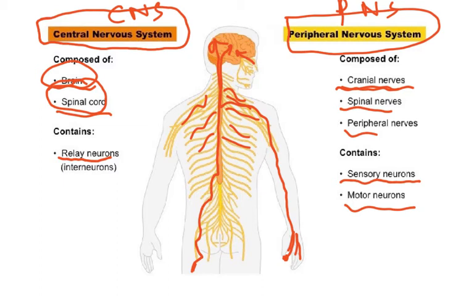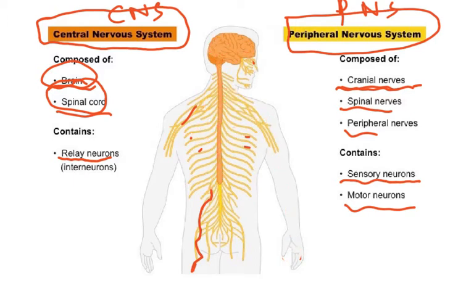So please understand the peripheral nervous system. The central nervous system is just the brain and spinal cord. The peripheral nervous system is all that which is shaded in yellow. I just rubbed all this off for you all to understand. So the yellow is all the peripheral nervous system. The orange is all the central nervous system.